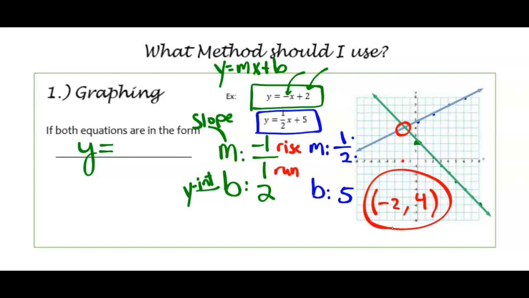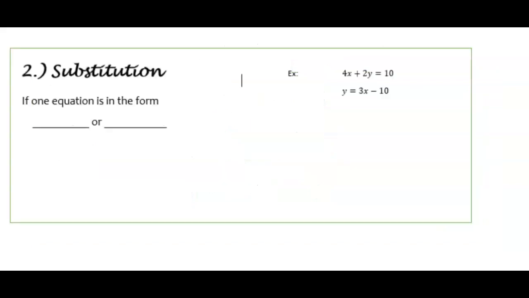All right, our next method was called substitution. We use substitution when we either have one equation in x equals or y equals. So what do I have in this case? In this case, I have a y equals.